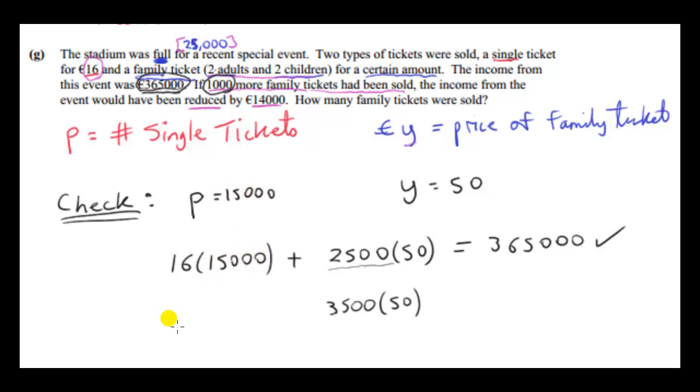So it's 16 multiplied by 15,000 minus 4,000, which is 11,000. So the total income in this situation should be €14,000 less than the previous situation. That also checks out. We get this value, which is 365,000 minus 14,000.